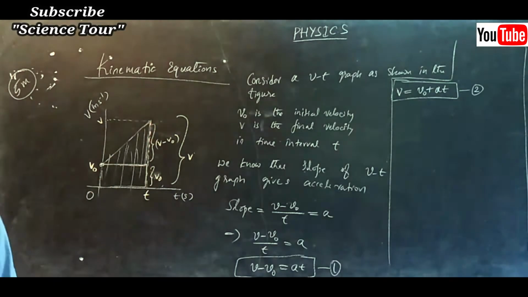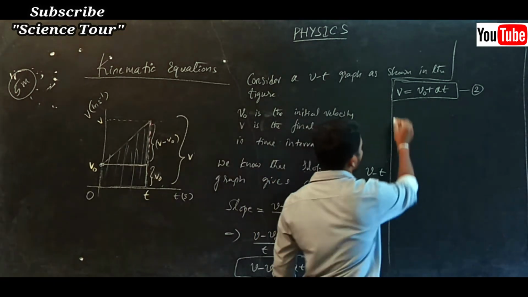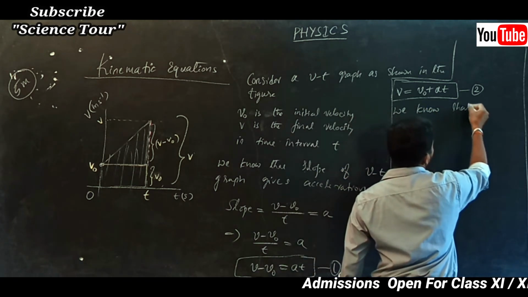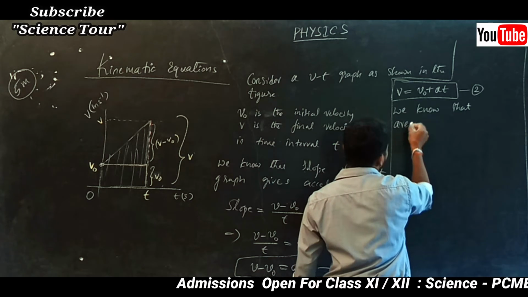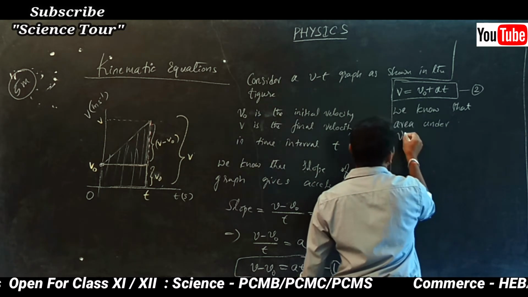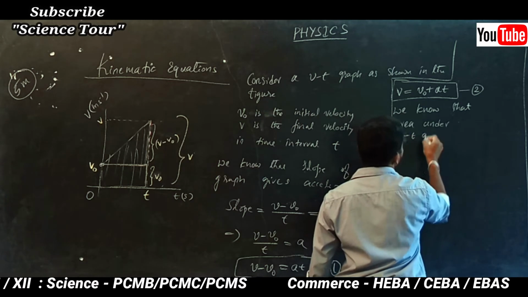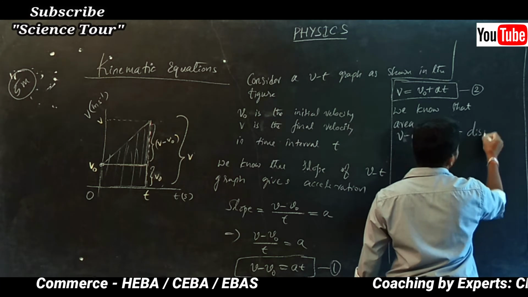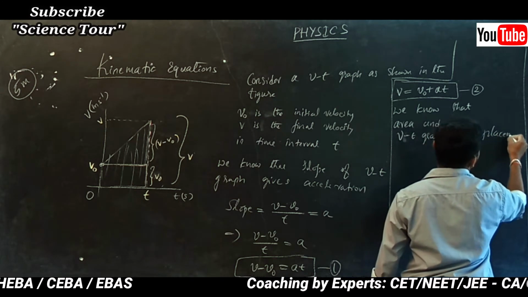So you have to write down, we know that area under Vt graph equal to displacement.